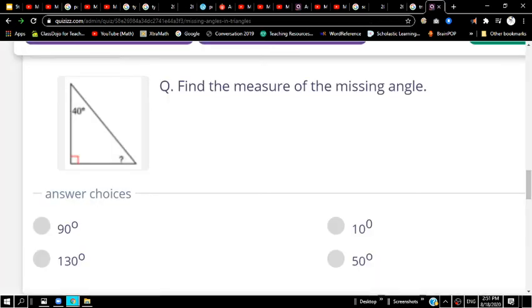Here's one more question. Find the measure of the missing angle. Well, you should already be able to do that because we know how to find the angle measurement from 180.